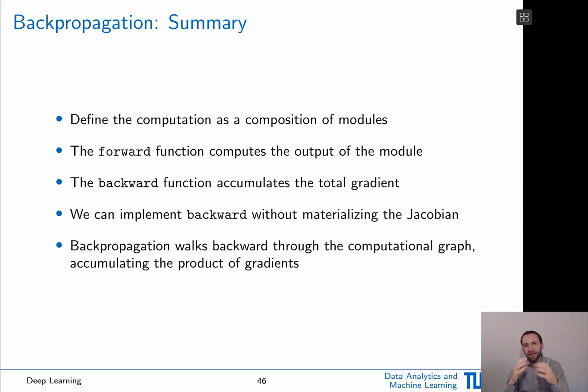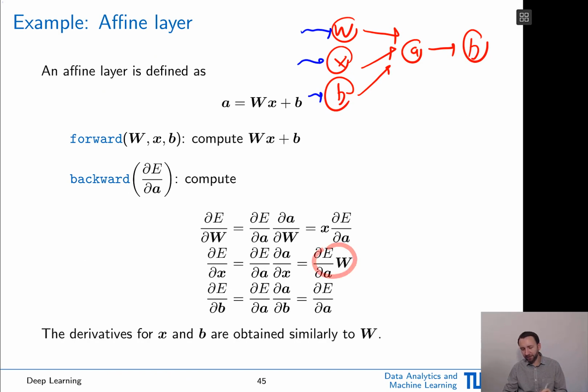And second of all, why is it so efficient? Because we do not really materialize the Jacobian, because we do this recursive backward step where we can rely on the previous global gradients we have already computed. We have this recursive calculation, and this makes it also very efficient, okay? And lastly, since we often represent it in matrix and vector form, this is super fast to implement on a GPU.